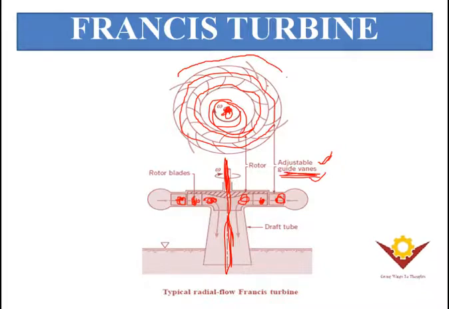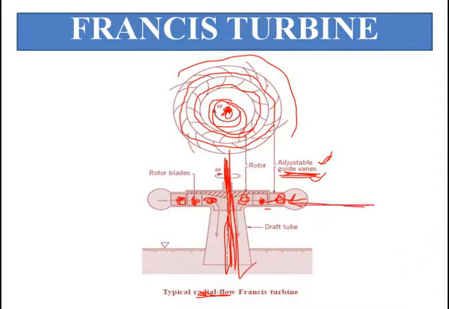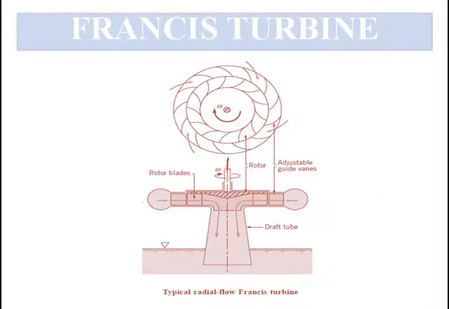This part is the total top view of your runner, and now the water is entering in this way, which is radial. Okay, what is radial flow? If the flow is perpendicular to the axis of rotation, that is radial flow. Here is your shaft axis, and this is your direction of flow.